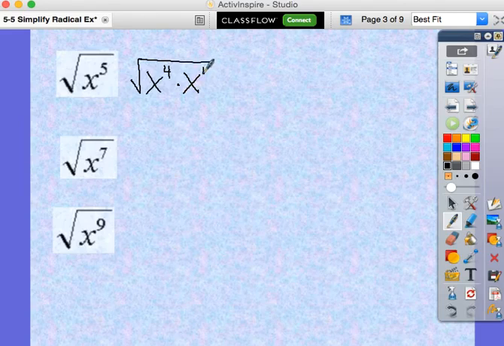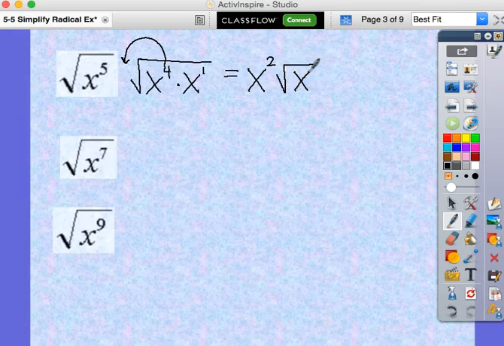So we're leaving it under the radical and we're splitting it apart. And then we can take this one out. This one comes out as what? X to the second power. But we still have x left inside, x to the first power, because basically the exponent is not divisible by 2.